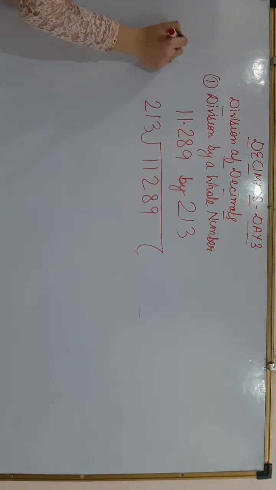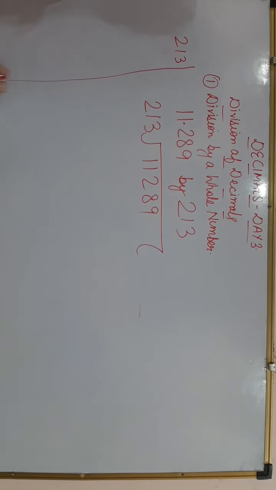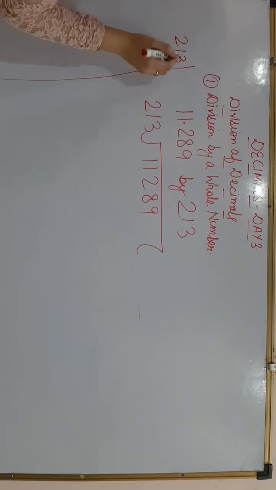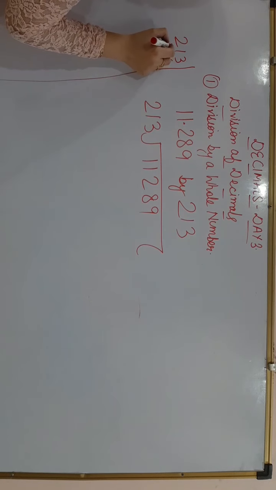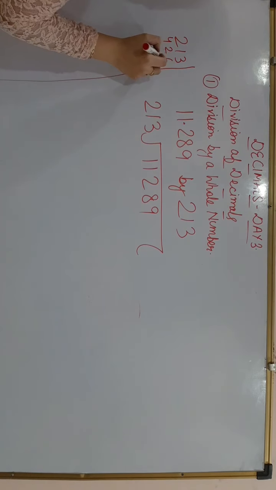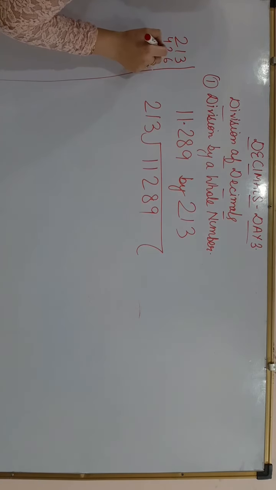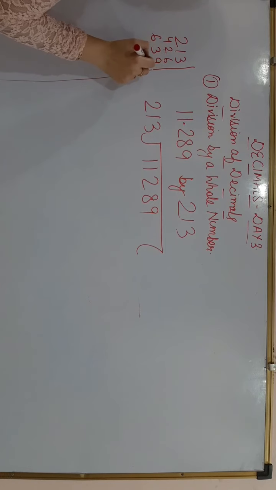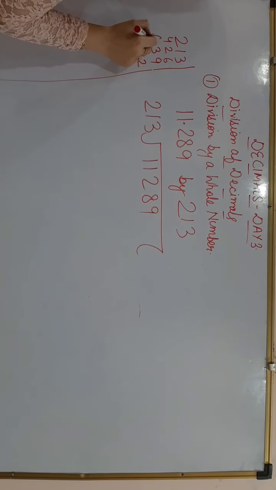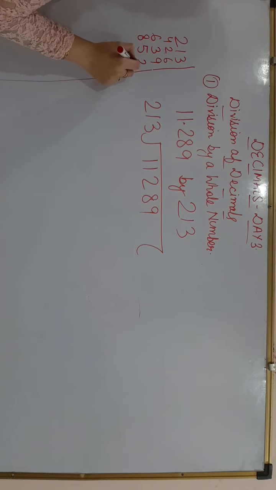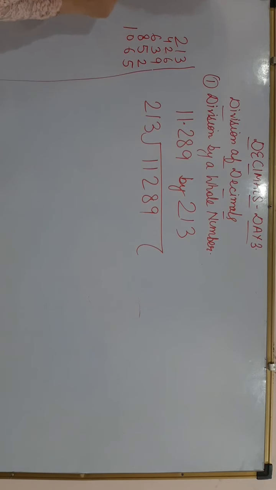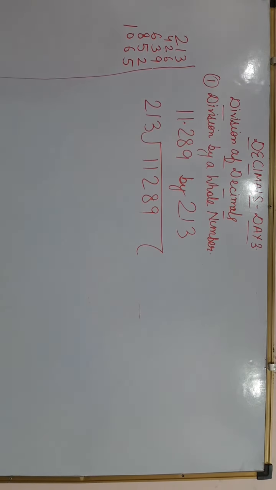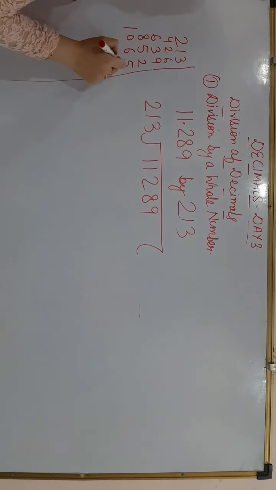You can write the table of 213 as well, and you can multiply it. I am writing the table of 213. So yes, I have written the table up to 5.